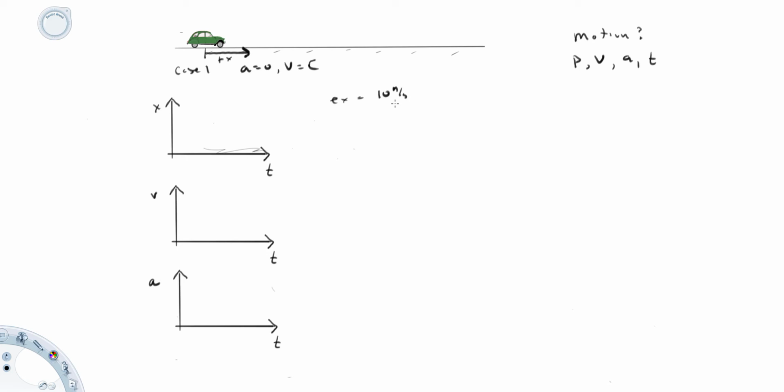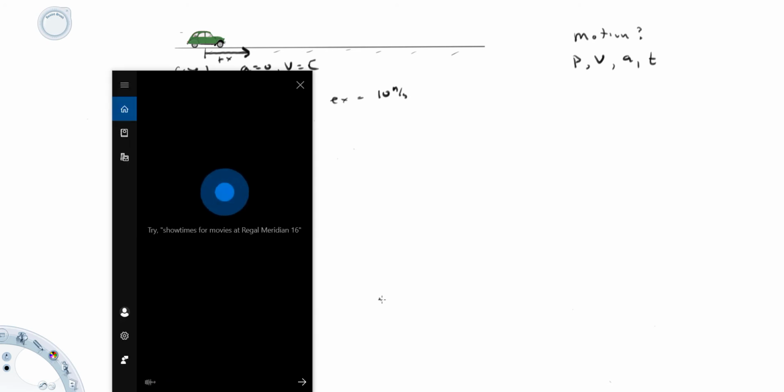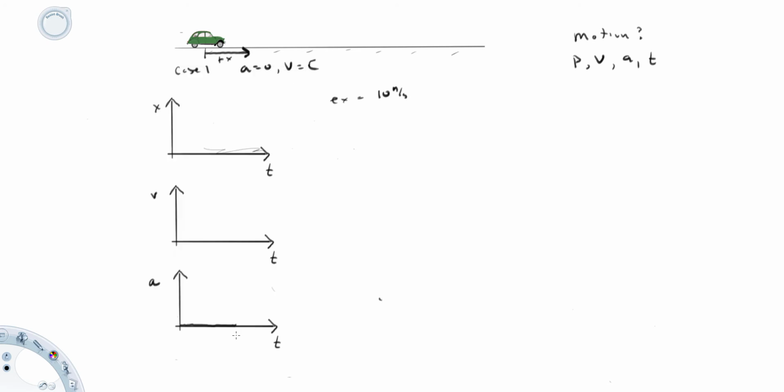Now, we're going to go through our graphs. If acceleration is constant, and 0, then this would look like this, out to any time t. You'll notice there's no area, meaning your delta v is 0.